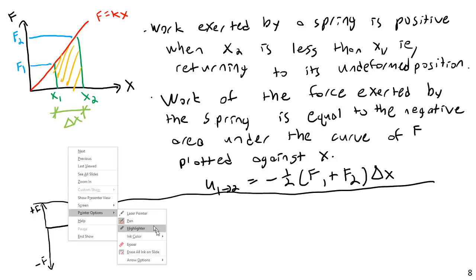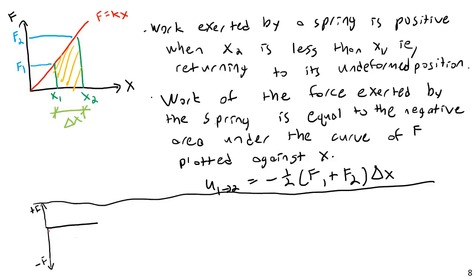If we looked at it for force versus displacement, there is that negative. The force is actually going to be opposite the displacement. So I think it would look something like this. I think this might be a better description of it. F equals negative kx. That may be a better way to visualize it. And then you would clearly have a negative area. You'd have an x2, x1, f2, and f1. So maybe that would be another way you could look at it if you wished as well.